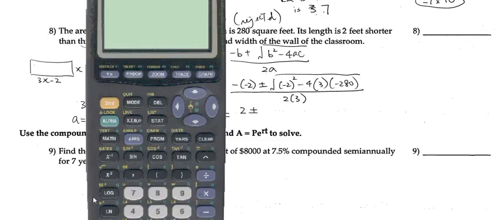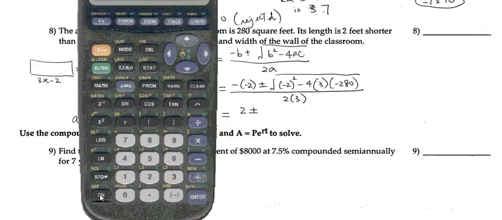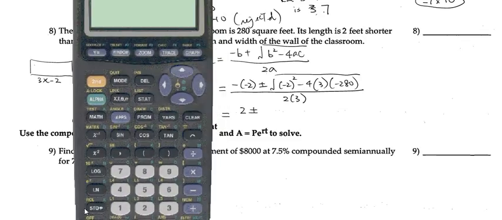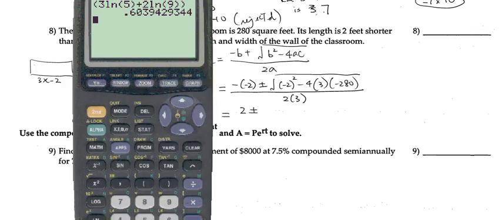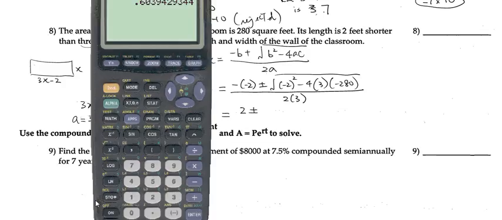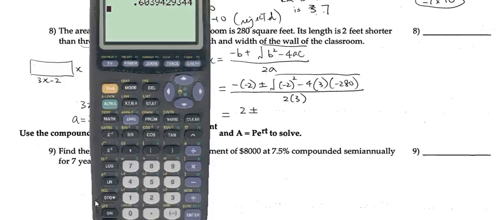We are going to have negative 2 squared, which is 4, minus 4 times 3 times negative 280.